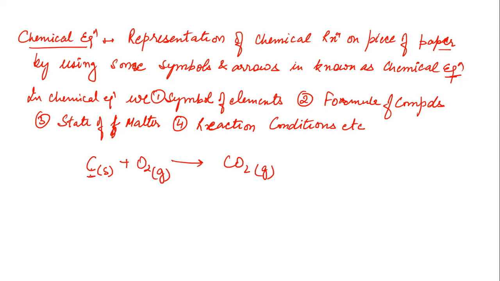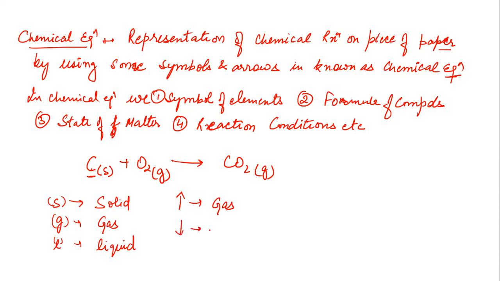Now in this, C is carbon. If S is written, it means solid, G means gas, L means liquid. If an upward arrow is there, it means we are making a gas. If a downward arrow is there, it means precipitate.